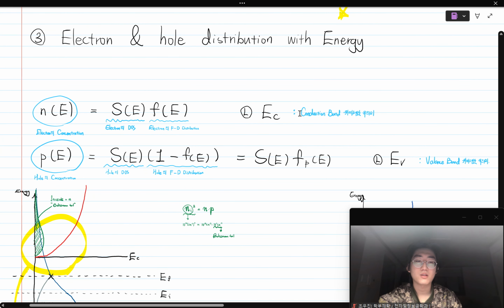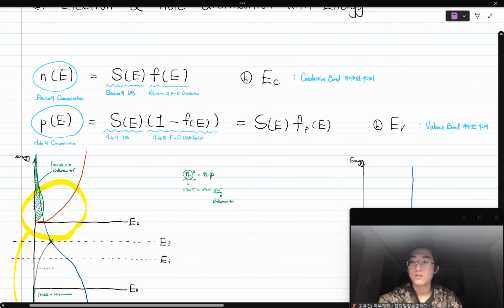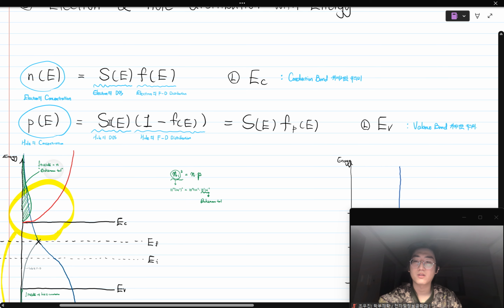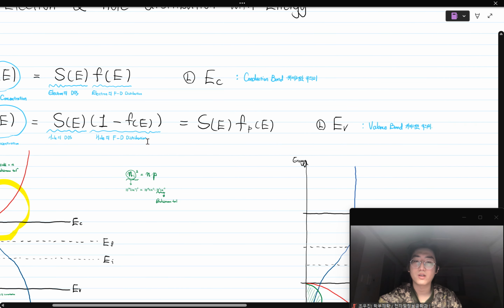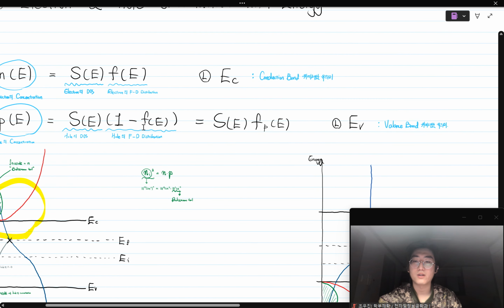But it has direct meaning only in conduction band. This pE means concentration of hole, and we can express it like this one. gE means density of states of hole and 1 minus fE, as we taught before. This is the Fermi-Dirac distribution of hole.